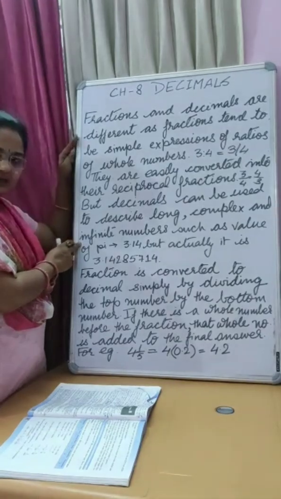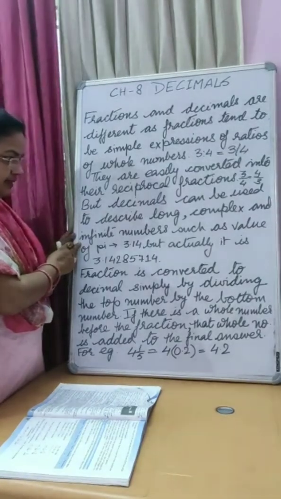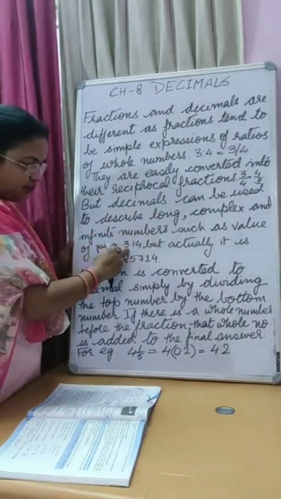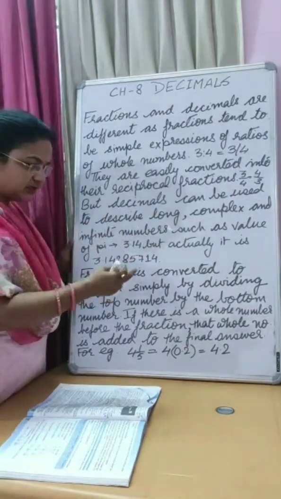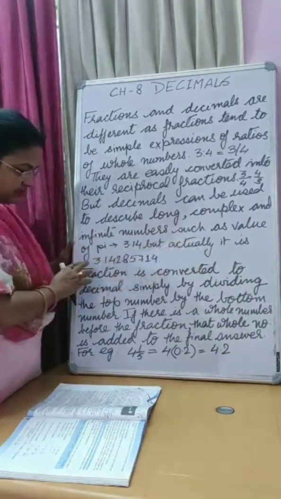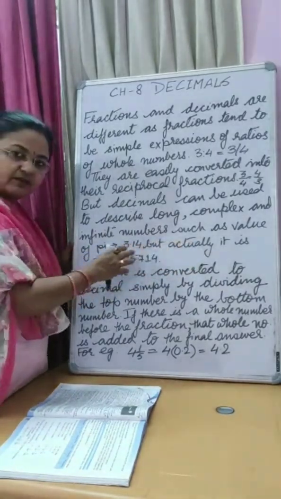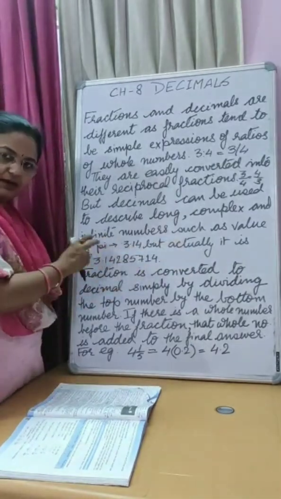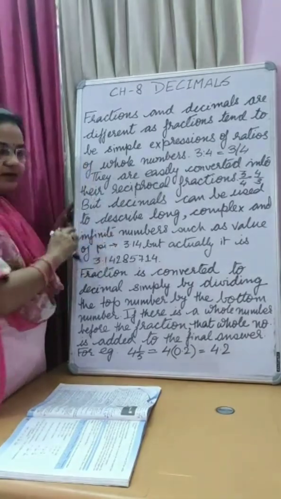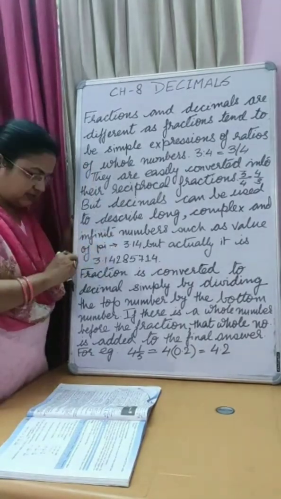So this is the basic difference between fraction and decimal, such as the value of pi. We use 3.14. When you go to higher classes, you will learn this. Pi equals 3.14, but actually it is 3.14285714, a complex, infinite number. So this is the difference between decimals and fractions.